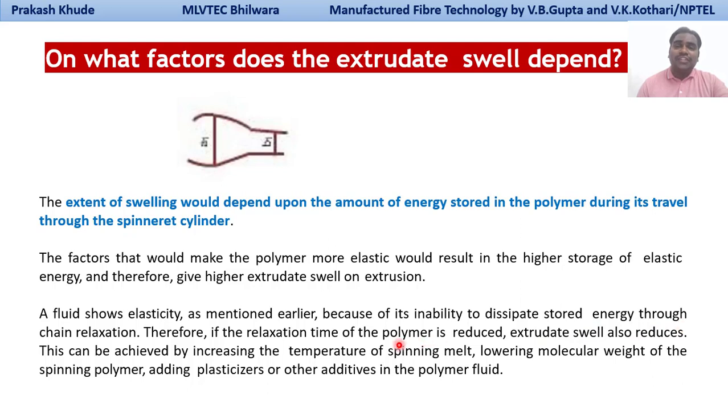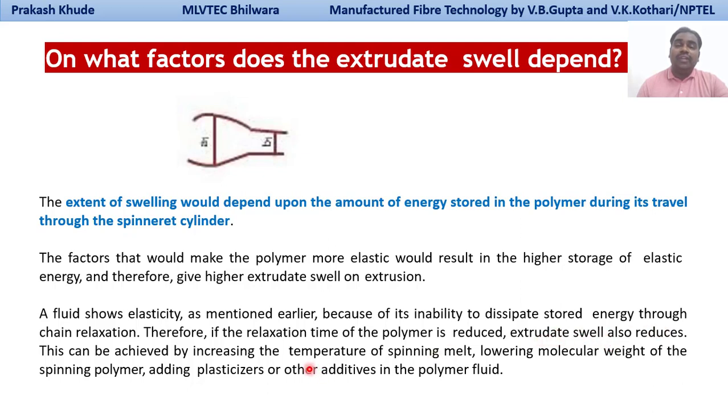This can be achieved by increasing the temperature of the melt spinning, or we can lower the molecular weight of the spinning polymer, or we can add a plasticizer or certain additives in the polymeric fluid. So these are the different ways we can reduce the extrudate swell. First, we can give less relaxation time for the polymer, and the die swell will be reduced.